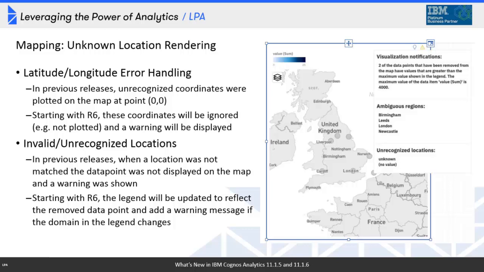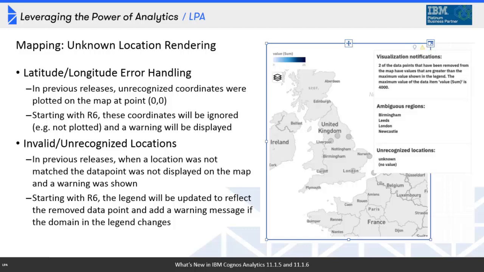Now, taking the second one first, latitude and longitude, when it attempts to plot a latitude and longitude that doesn't exist, it will plot nothing rather than plot the data at the coordinate 0,0. And you'll get a warning that says you've got coordinates that I cannot plot, and it'll give you the coordinates.